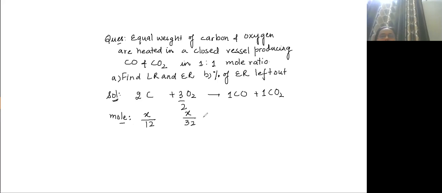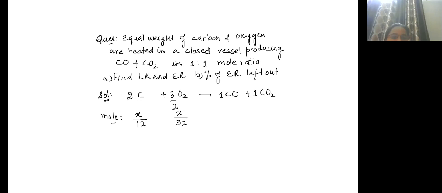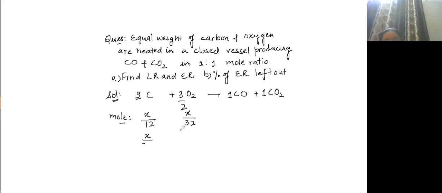Any doubt in this? Now how will you find out LR and ER? Carbon is x by 12 divided by 2, so it becomes x by 24. And oxygen is x by 32 divided by 3 by 2, that is into 2 by 3, so 16, and this is x by 48. Good, Ayan.